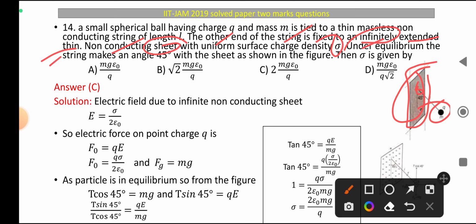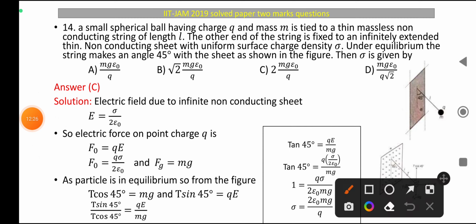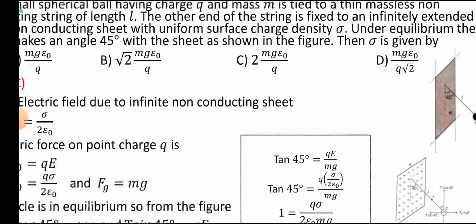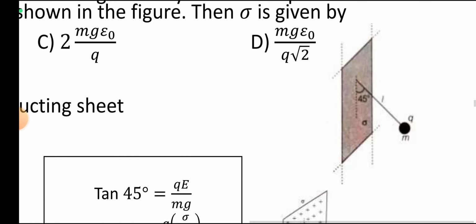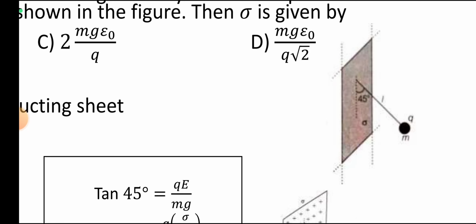Under equilibrium, the string makes an angle of 45 degrees with the sheet as shown in the figure. Then what do we have to calculate? Sigma. See the diagram once again: it is a bob having charge, connected to a sheet of infinite length, making 45 degrees. Okay.